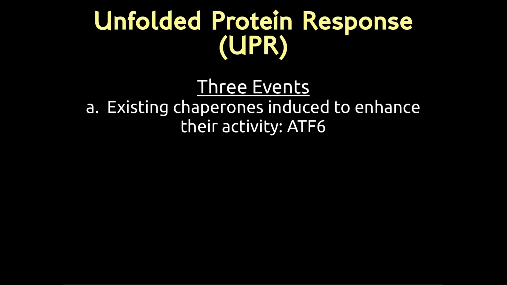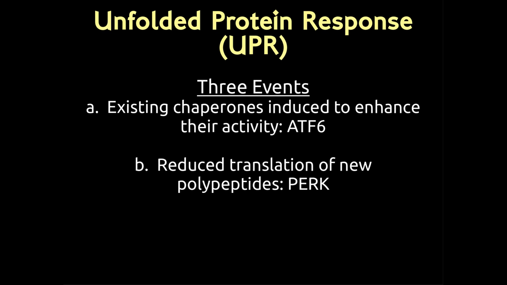So, 3 events are going to happen in the unfolded protein response. The first is that existing chaperones in the endoplasmic reticulum are going to be induced to enhance their activity. They're going to start working extra hard. And this is going to be caused by the action of ATF6.